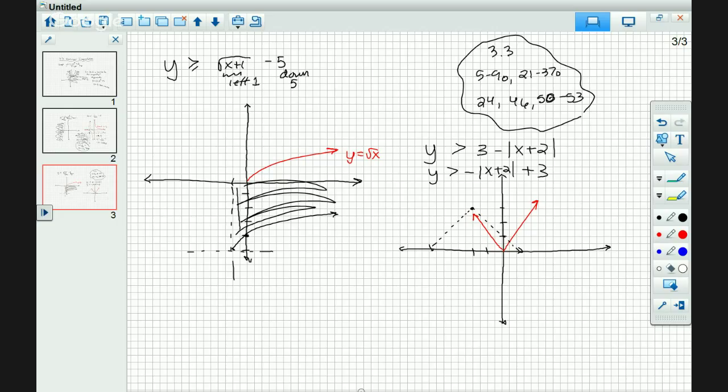What are we going to shade? And it's greater than, so we're going to shade above it.